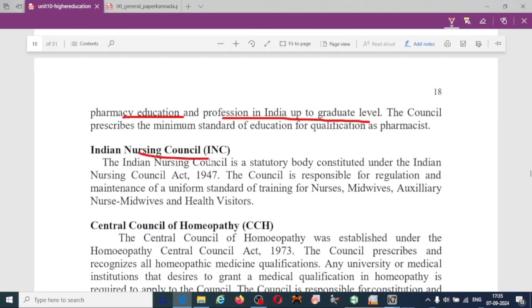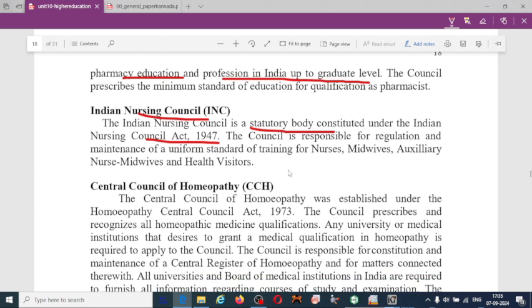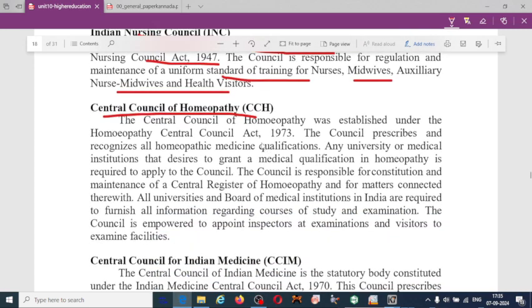Indian Nursing Council, INC, is a statutory body constituted under the Indian Nursing Council Act 1947. It prescribes standards of training for nurses, midwives, auxiliary nurse midwives, and health visitors. Central Council of Homeopathy, CCH, which was established in 1973.